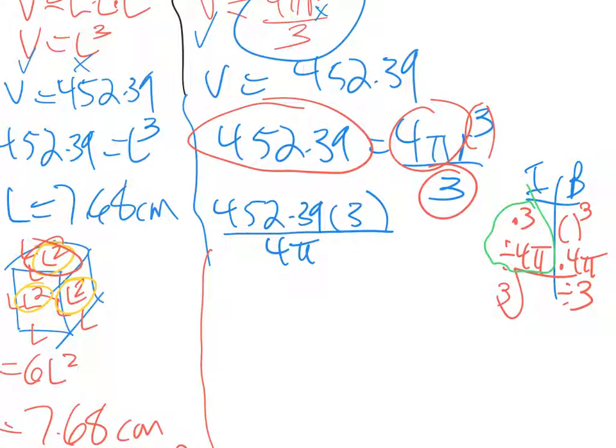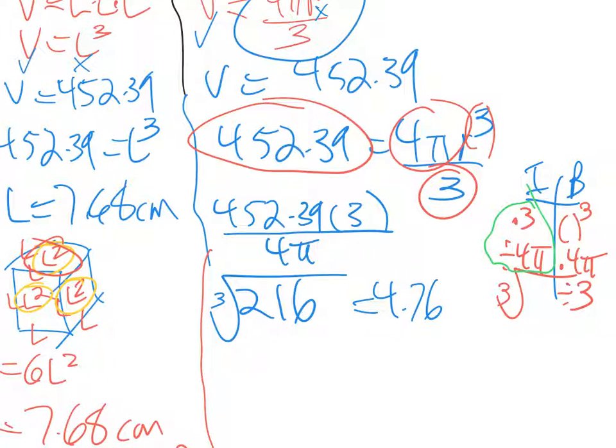And I would put that into your calculator just like that. I think if you do that, you're going to find an answer of 216, I believe. And once you get that, then you have to cube root, and that's going to work out to 4.76 centimeters. Okay, so that's the radius.